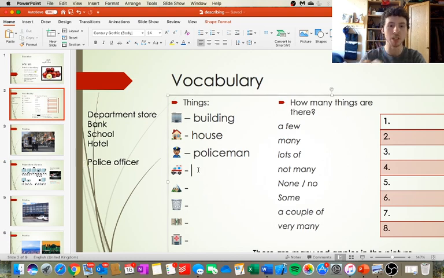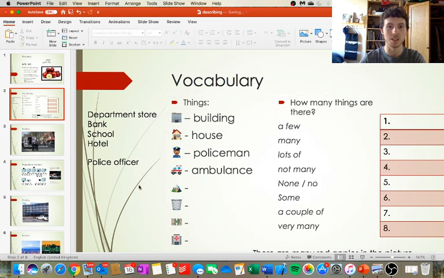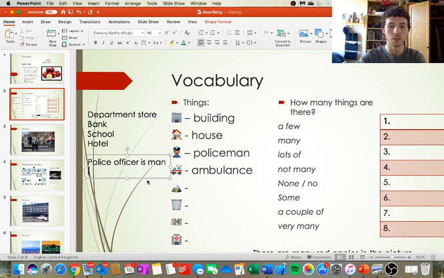This one, ambulance car. So you're right, but we just say ambulance. Ambulance. Good. It's quite a hard one. Is it a man or a woman?